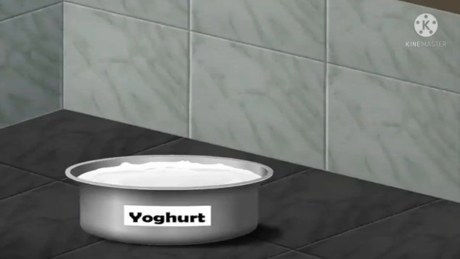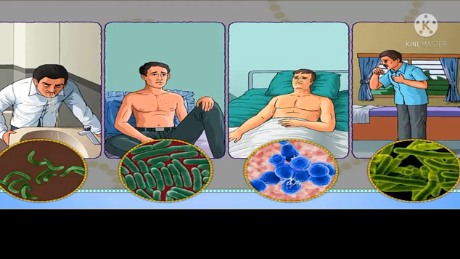They are called microorganisms. These microorganisms convert milk into yogurt. They are useful for us. But all microorganisms are not useful. Some microorganisms cause disease. When they enter our body, they are said to be harmful microorganisms.